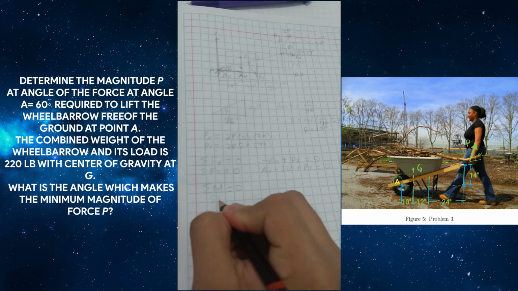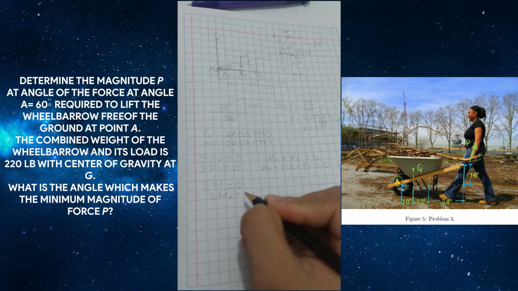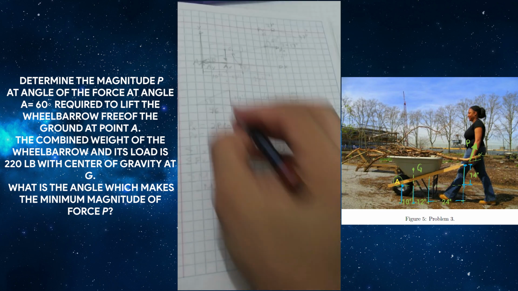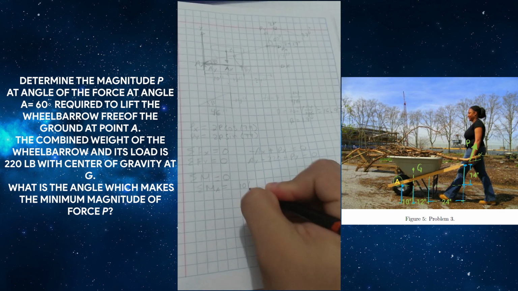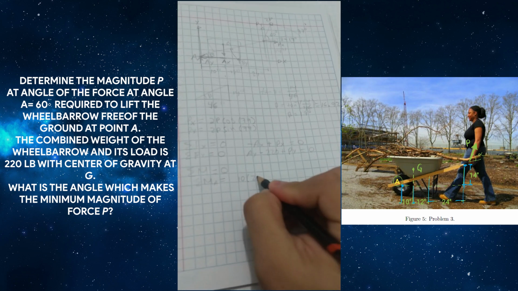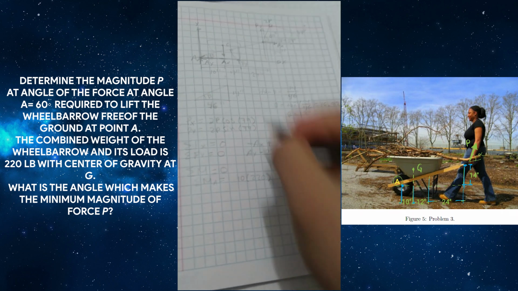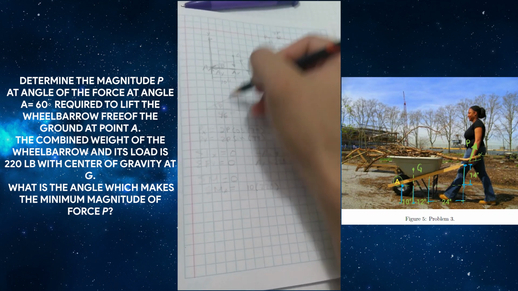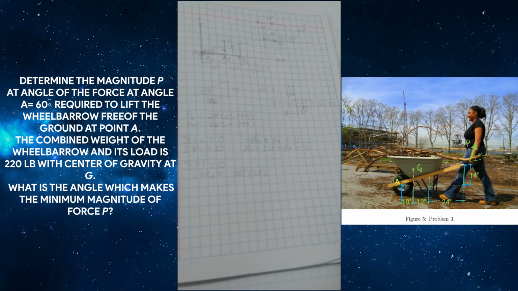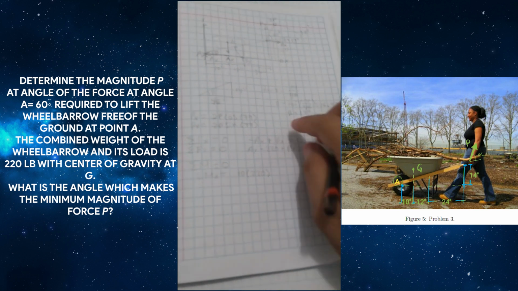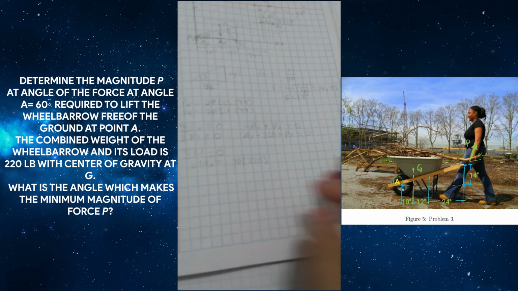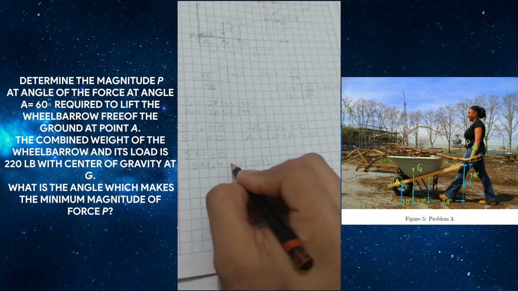So the sum of the moments at point A is equal to 10 multiplied by the weight, that is 220, but since this weight is turned in the way of the clock, it is negative.